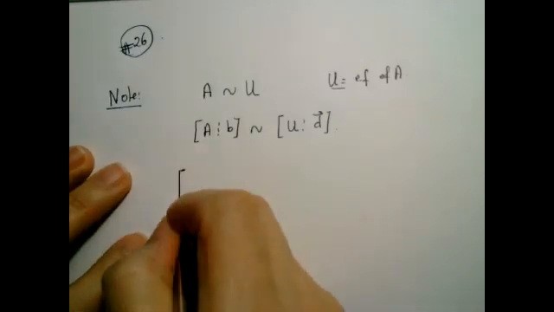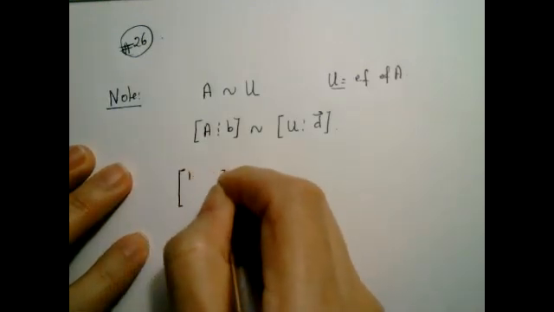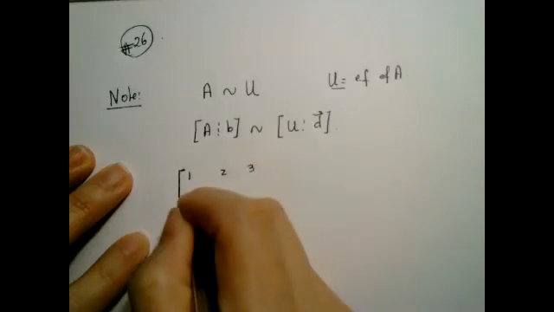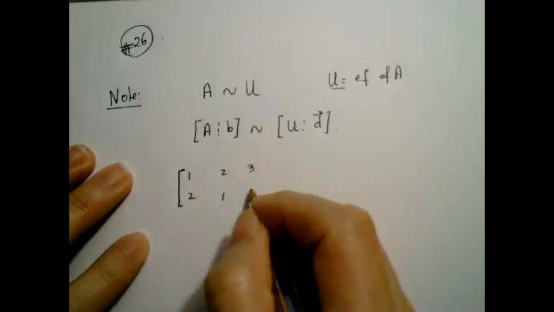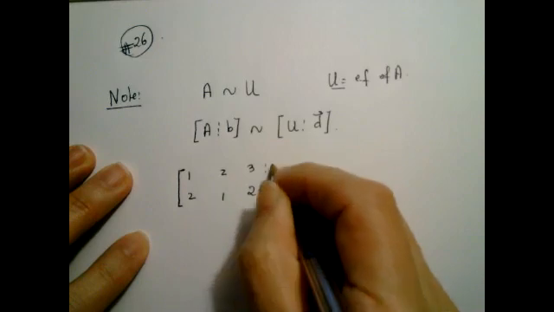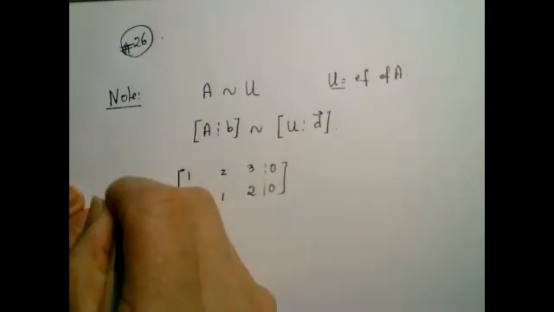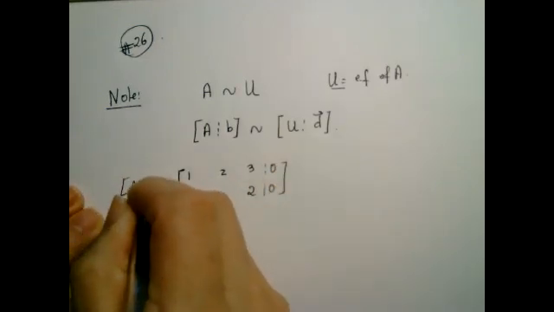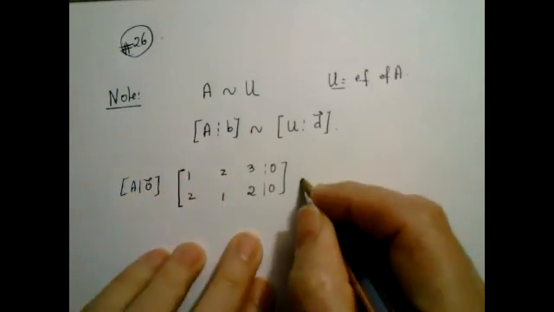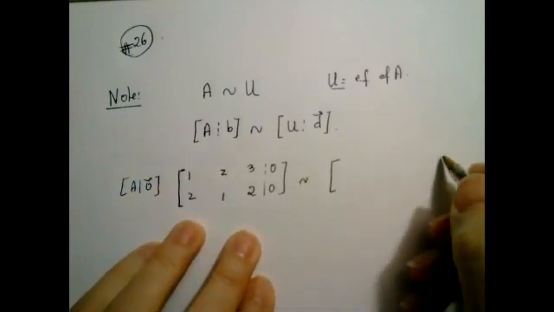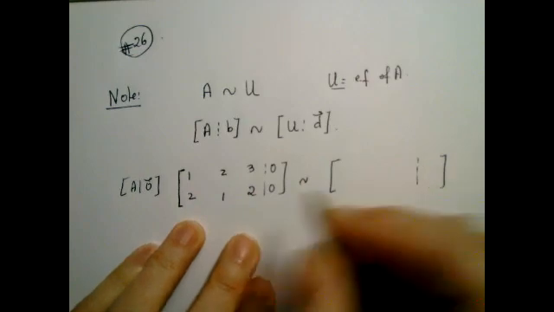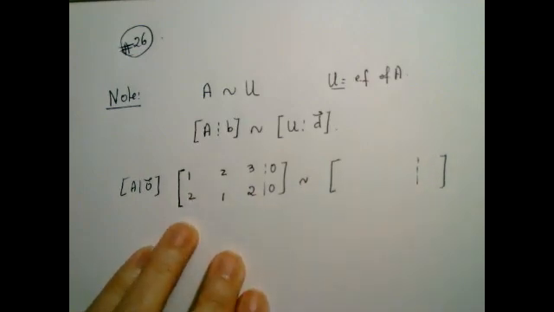Suppose A is the following matrix: 1, 2, 3, 2, 1, 2, for example. And let us say this is 0, 0. So I take the matrix A 0. And let us say I perform operations to get to the echelon form. I pick a problem where I don't have to do a lot, just to show you the idea.